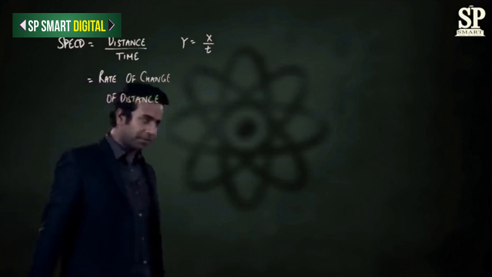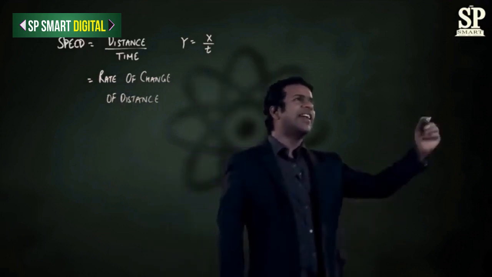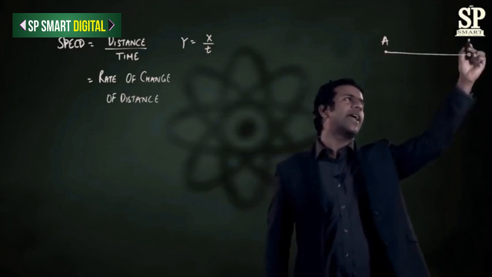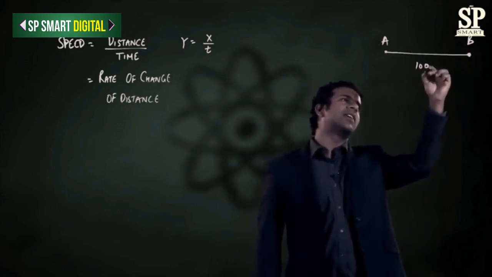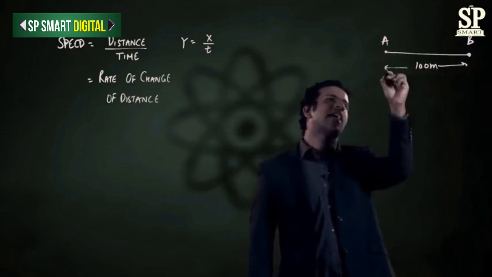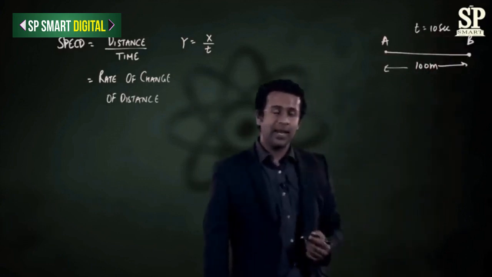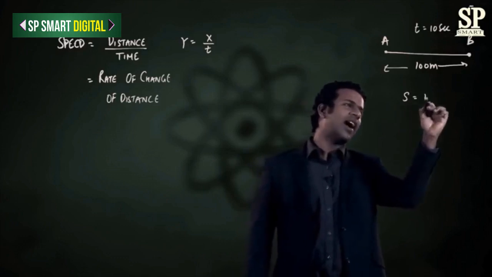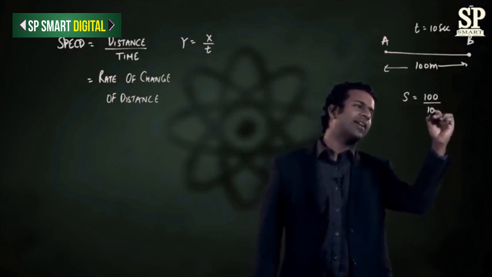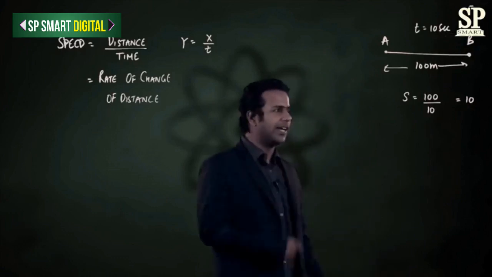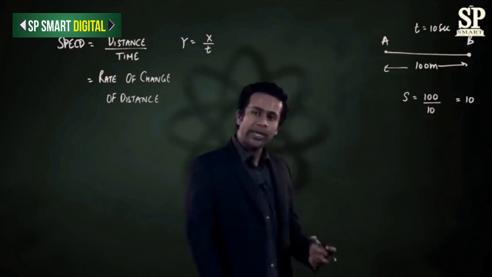Let me explain this. From the very definition, if a particle going from A to B covers 100 meters in, say, a time of 10 seconds, its speed is 100 divided by 10, which is 10. Let's first briefly focus on units.